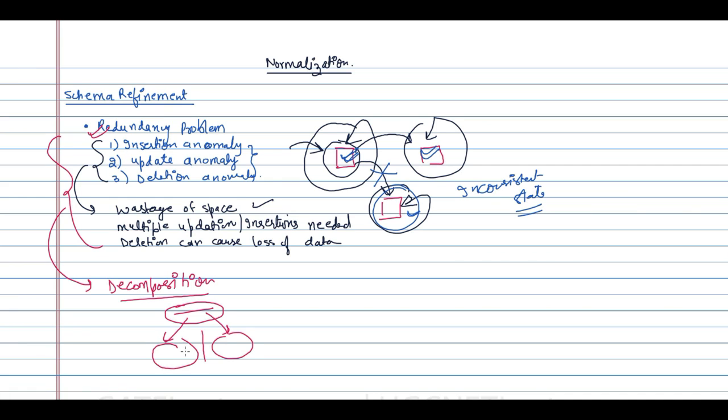But the problem is, if you want to divide this table into multiple tables, then you want to preserve all the information which was stored here, plus you want this decomposition to be lossless. Lossless means if you combine them again, you do not want any extra item or extra information which is not present in the original data. So that thing you do not want. So this is the case which we have to take care of while decomposing these tables.